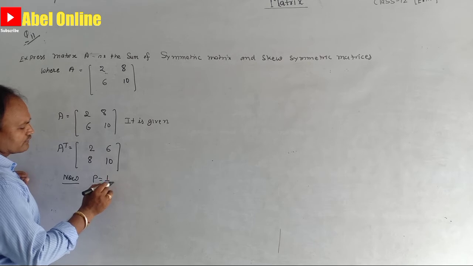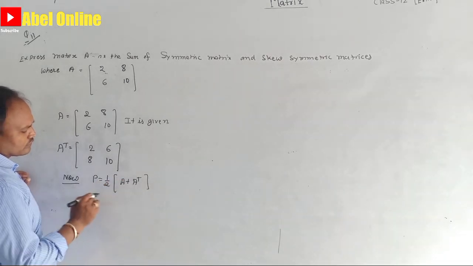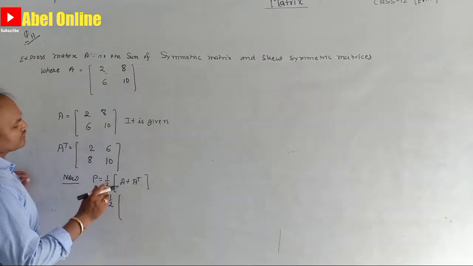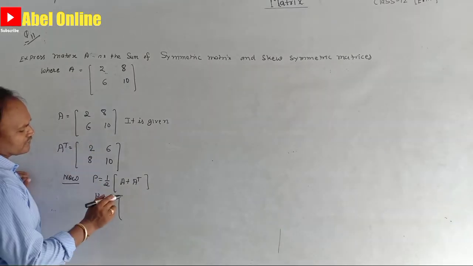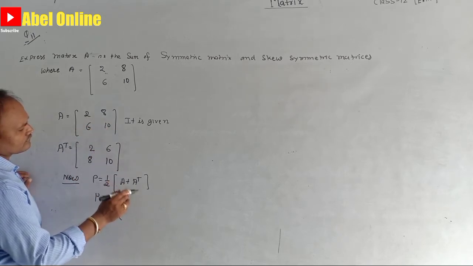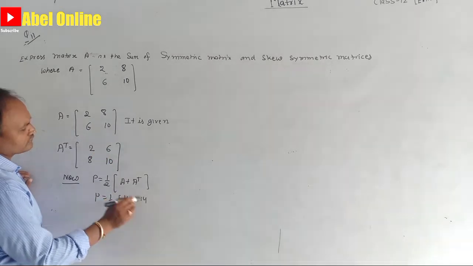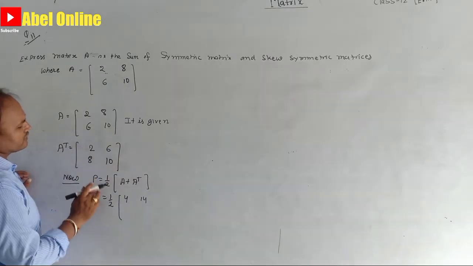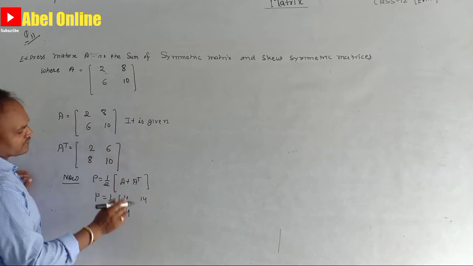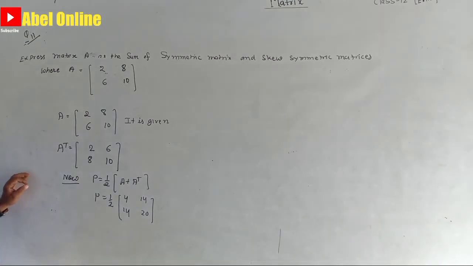P equals 1 by 2 times A plus A transpose. The value of A plus A transpose is 4, and 8 plus 6 is 14, 6 plus 8 is 14, and 10 plus 10 is 20. So it is P.